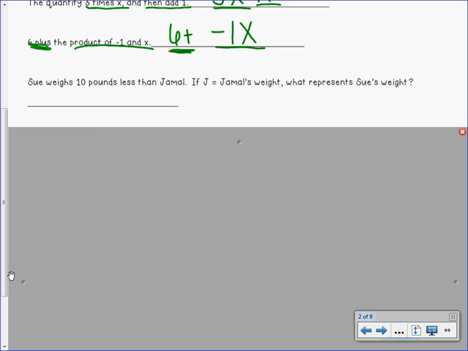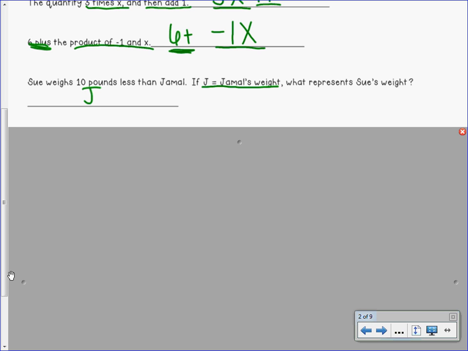Okay, so when I come to these, the first thing I'm going to write down is my variable. Would they really give me J equals Jamal's weight if I'm not even going to use it? No. They give me that variable because I know somewhere I'm going to have a J in my number sentence.